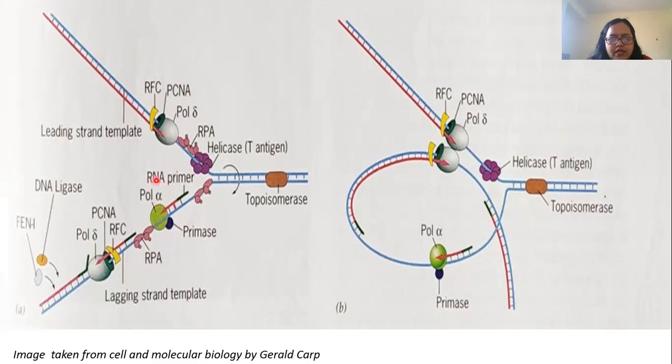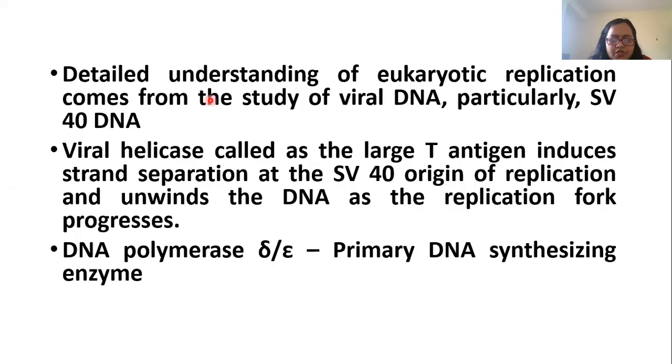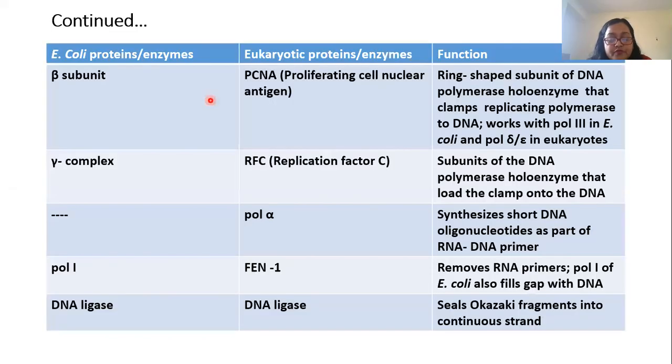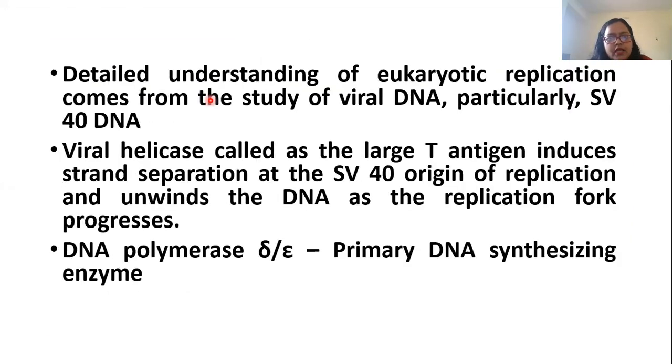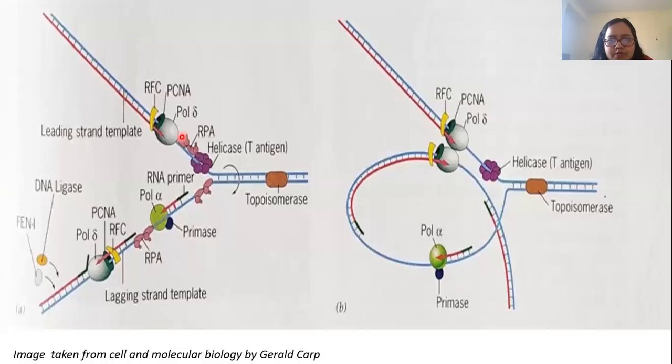The next protein is PCNA, the proliferating cell nuclear antigen. It helps in loading or clamping of polymerase delta along with RFC, replication factor C, onto the leading strand as well as the lagging strand. So it is helping both polymerase delta as well as the RFC protein.